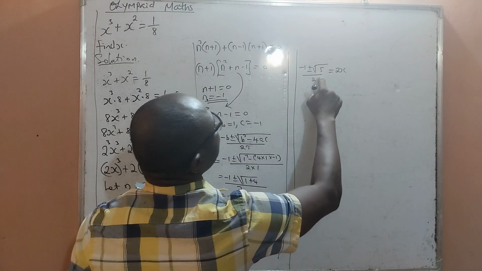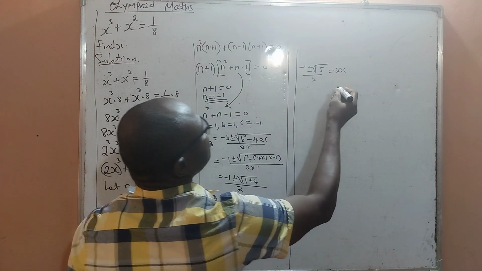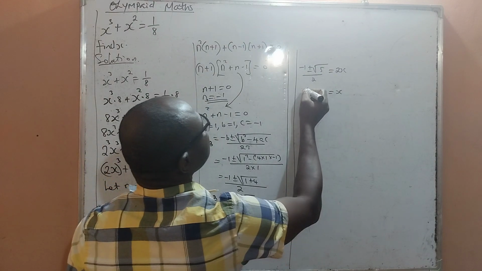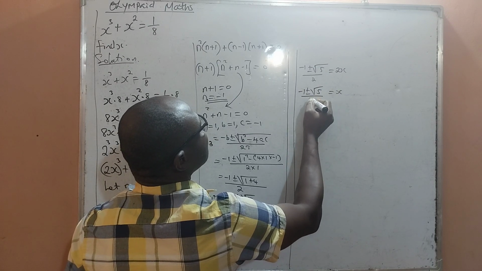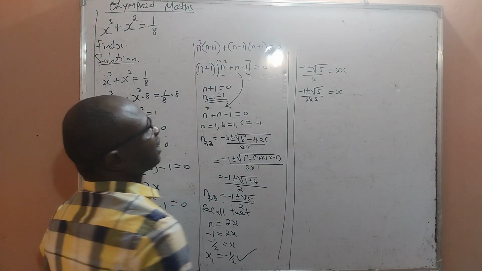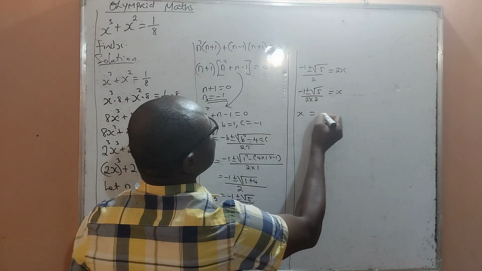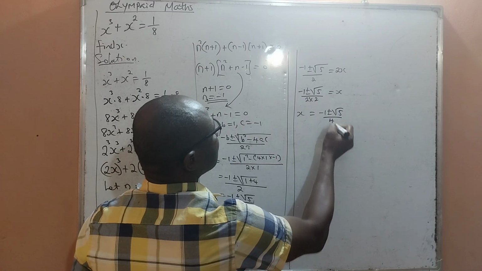Alright, now from here, 2 will come to this side to divide to give me x equal to minus 1 plus or minus the square root of 5 divided by 2 multiplied by 2. That is 2 coming to this side to divide. And that is now going to be x equal to minus 1 plus or minus the square root of 5 all over 4.